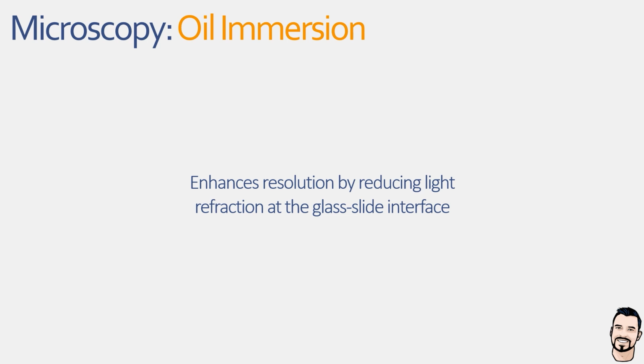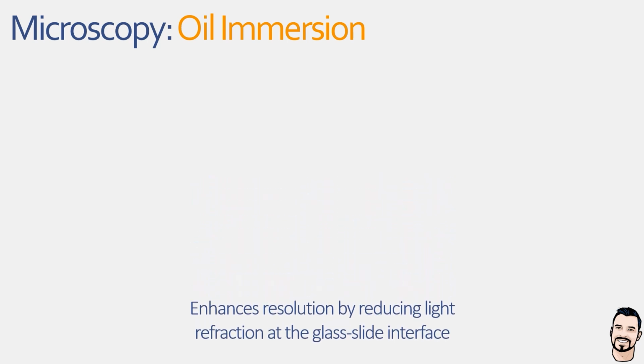And what this will do is it will minimize refraction and maximize light transmission, ensuring that more light enters the objective lens. And the result will be a clearer, sharper image with improved resolution at higher magnifications. Now that might not have made much sense, so let's have a look at this visually.